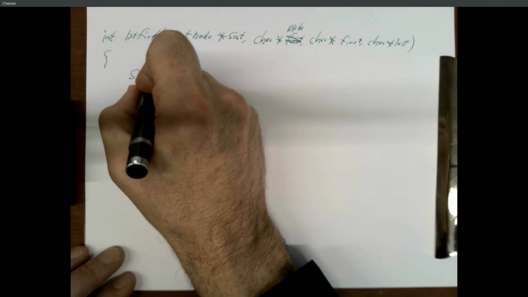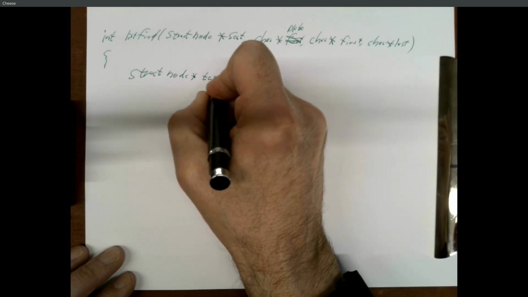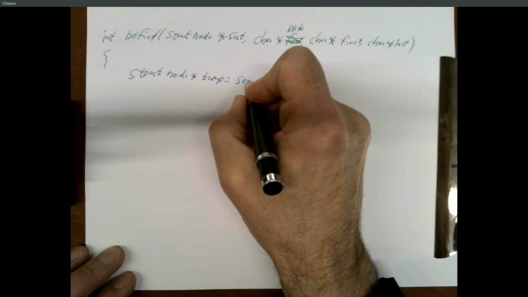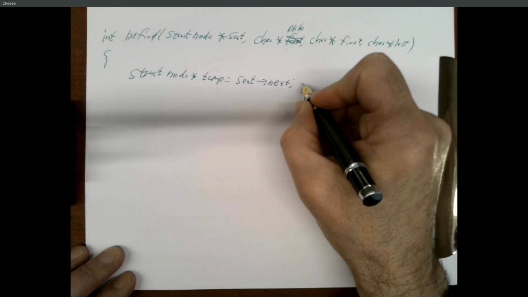And start off with a temporary, which is your first node of the list, or maybe null.